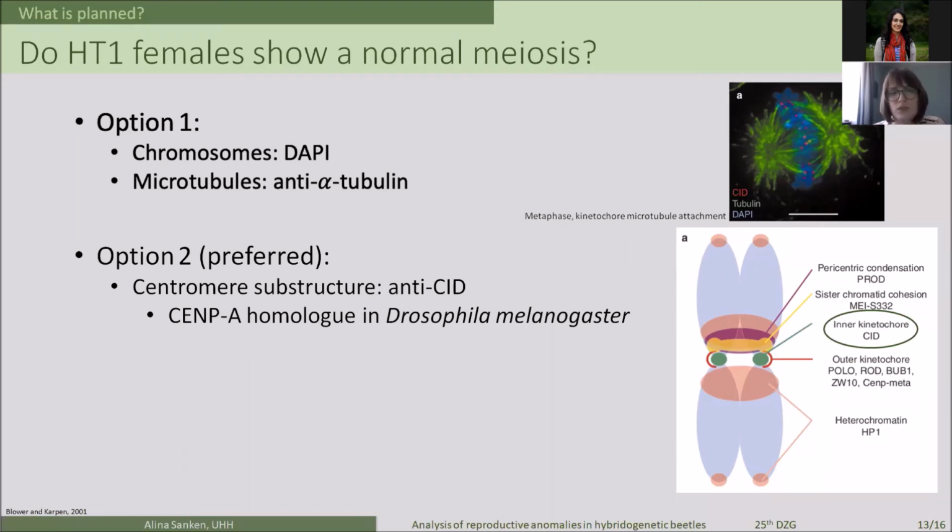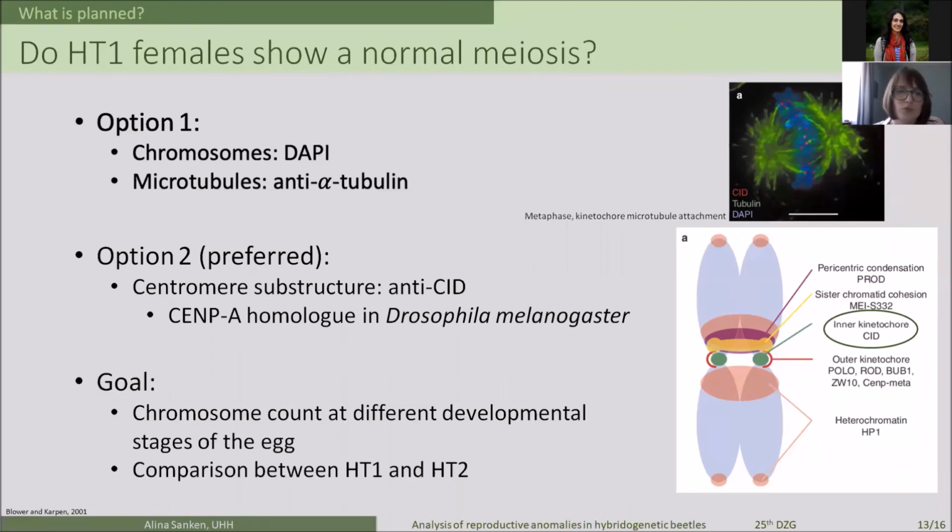And this substructure is present throughout the whole meiosis. So this labeling will make it possible to count the chromosomes at various developmental stages of the egg and see whether there's anything off with it, and then compare the results of the haplotype 1 counts with the haplotype 2 counts and see whether there's a difference between the two.